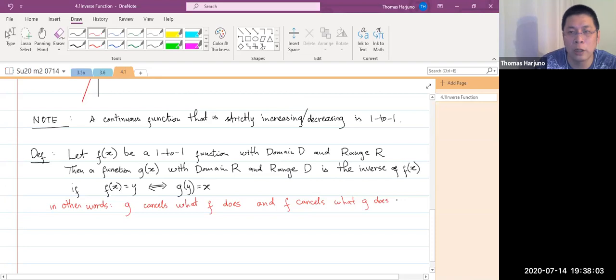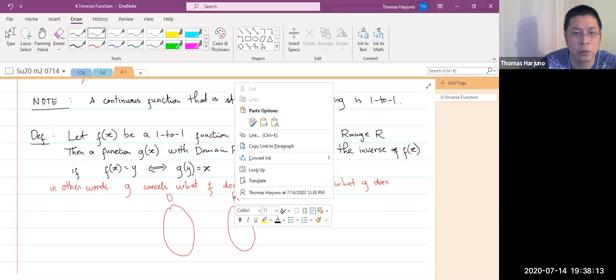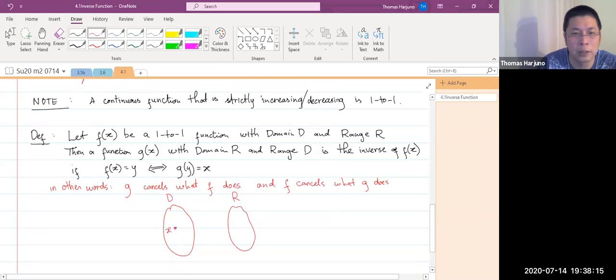Now, pictorially, let's say this is the domain D and this is R, the range R for f. So if you have x here, f will send that x to y, and g will send that y back to x.